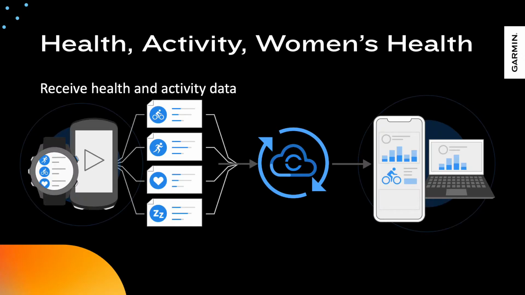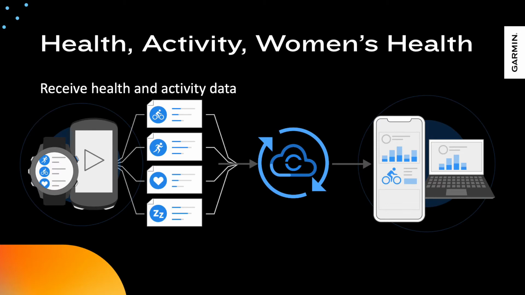The Garmin Connect Developer Program is made up of 5 different APIs. The functionality is grouped into these 5 APIs to reduce the overhead for developers that are only interested in certain features, and to give users a fine-grained level of control over what data your application has access to. The Health, Activity, and Women's Health APIs allow your platform to receive health and activity data from a user's Garmin Connect account.